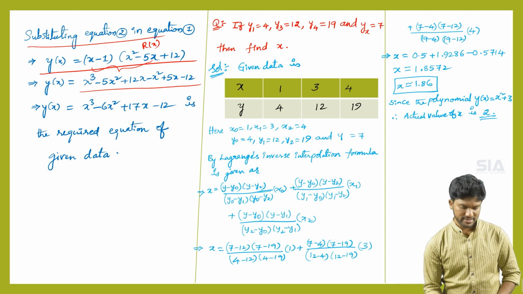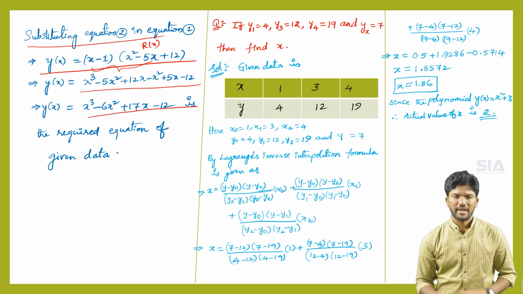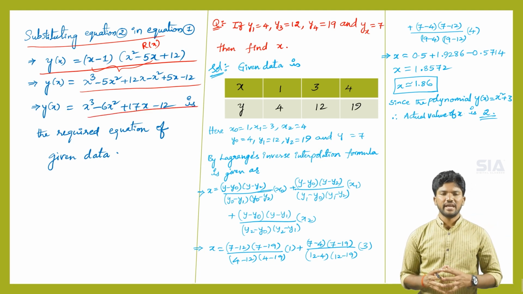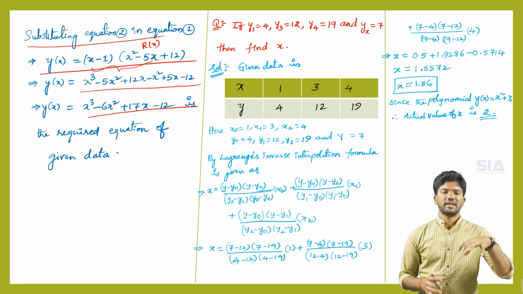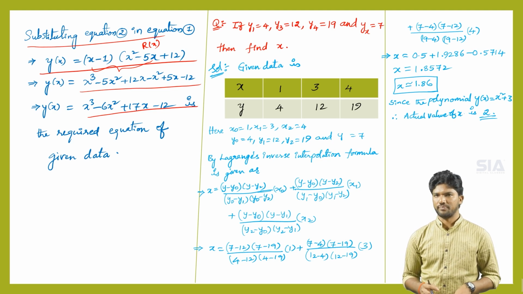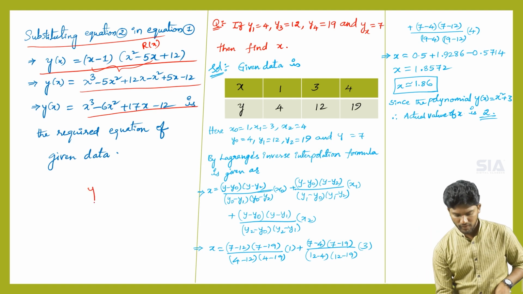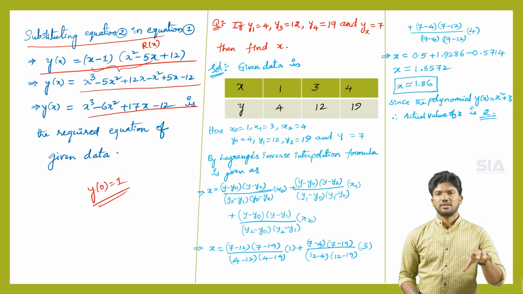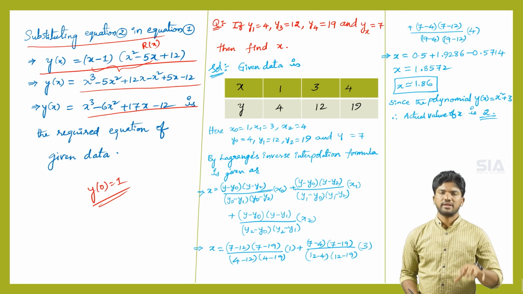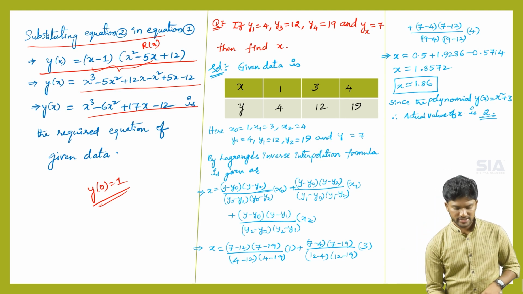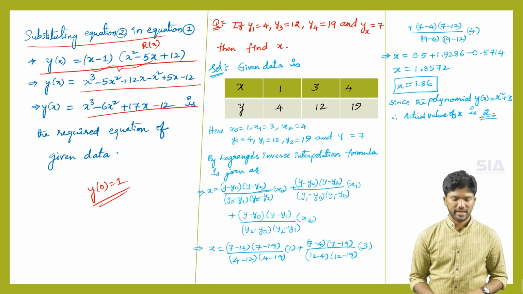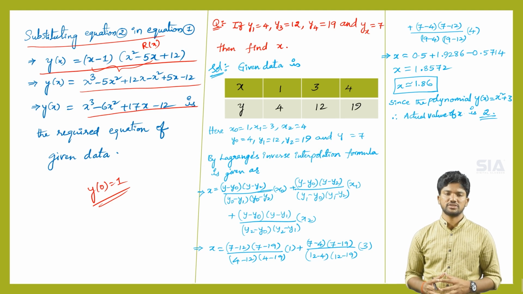So therefore y of x is equal to x cube minus 6x square plus 17x minus 12 is the required equation of the given data. By using the one condition, that is y of 0 is equal to 1, we obtain the solution of the given tabulated function. That solution is y of x is equal to x cube minus 6x square plus 17x minus 12.